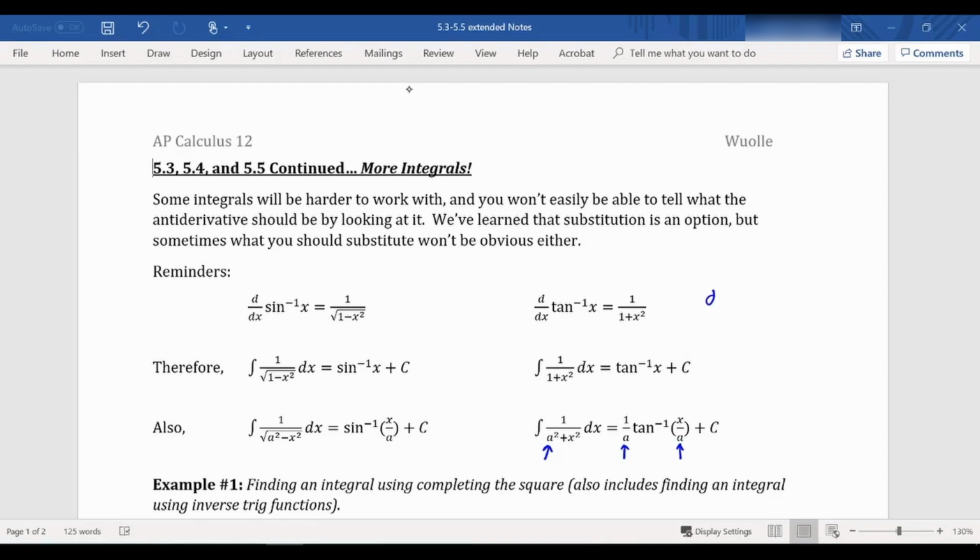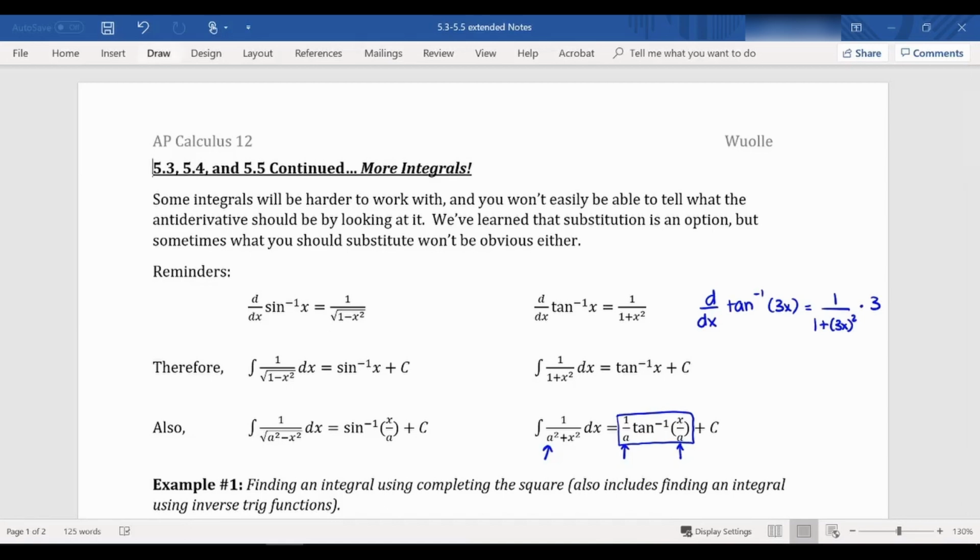For example, if I have the derivative of inverse tan of 3x, this is going to give me 1 over 1 plus 3x all squared times 3, because I need chain rule. So the same thing would apply when I do my derivative of this right-hand side. I need to do chain rule of the inside, which then would help me with my integral.